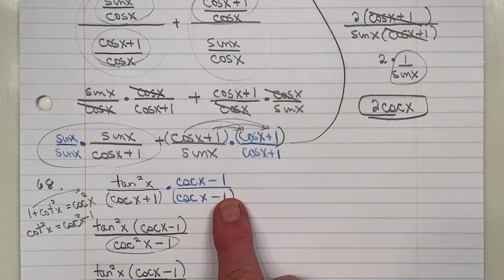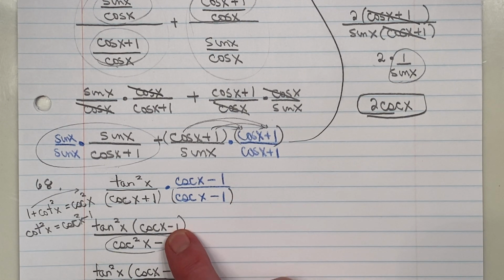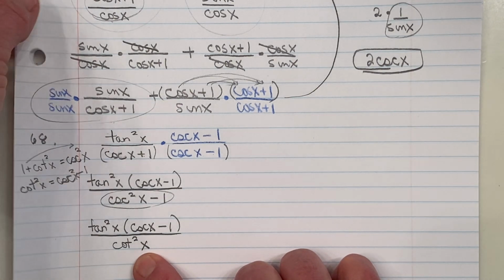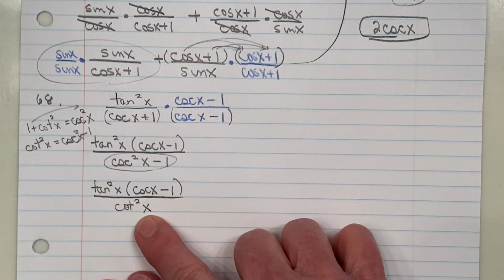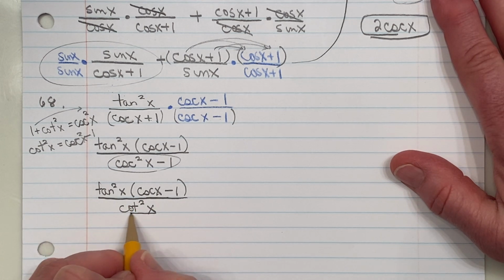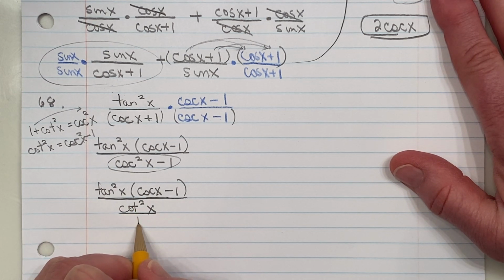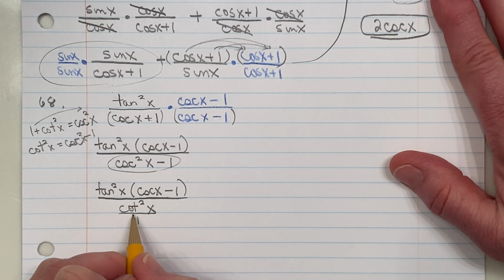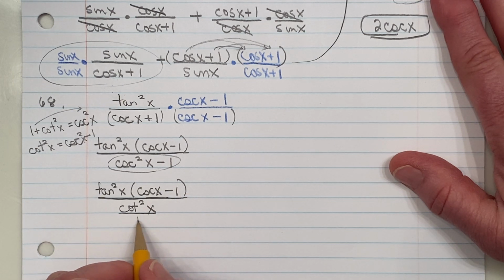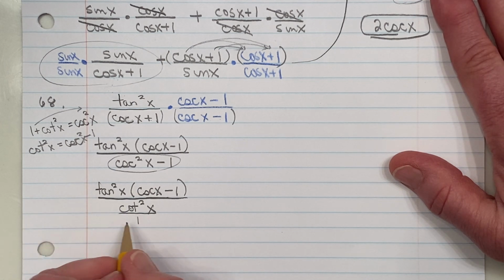So we multiplied by the conjugate, didn't distribute in the numerator. Oops. I end up here. Okay. What I want you to see is that this denominator right here, cotangent squared x, could be made into a fraction by putting it over 1, and I could keep, change, flip.